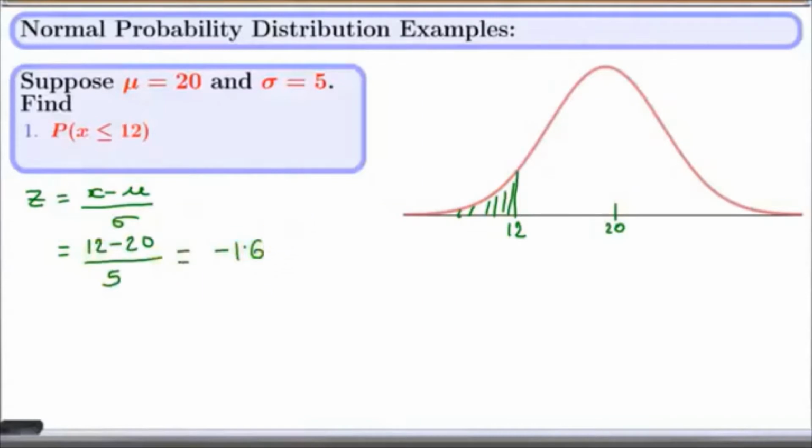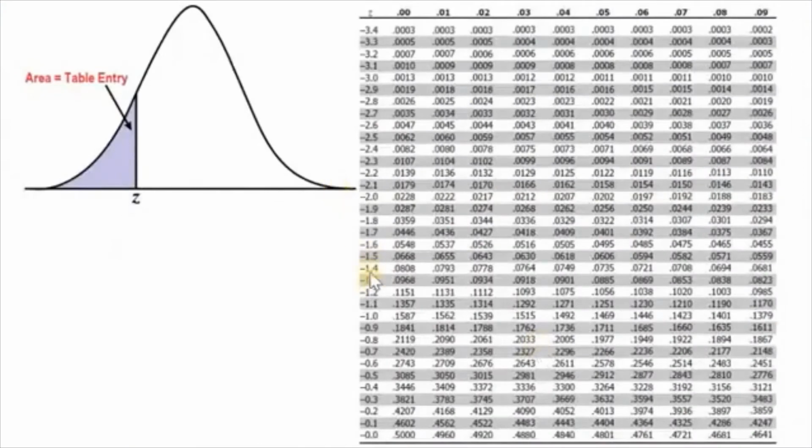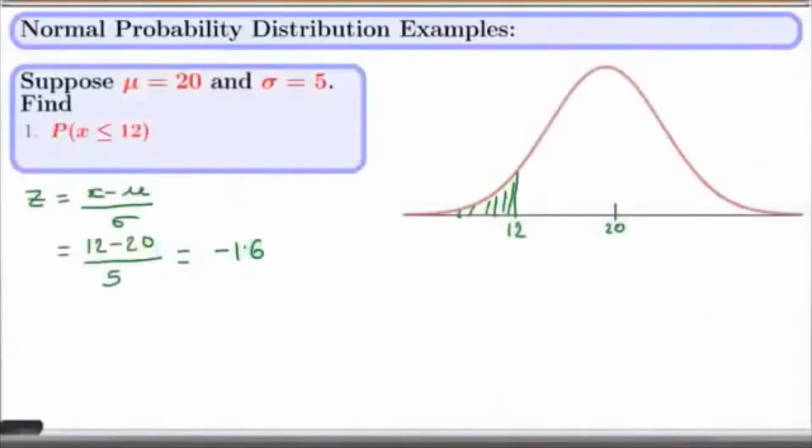Now let's look at the table to find the area for negative 1.6 z-score. So for that, we'll be looking at the row of negative 1.6 and column of 0.00. So we get the area to be 0.0548, which is this one. Okay. So let me put that down here.